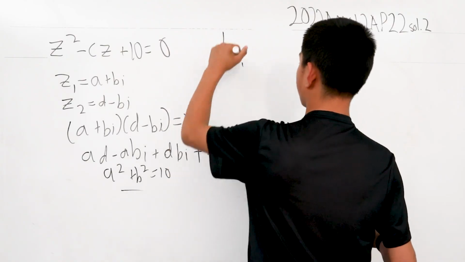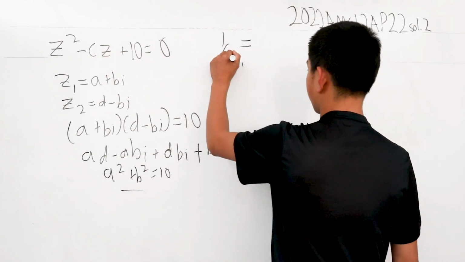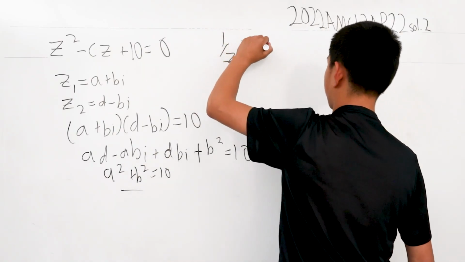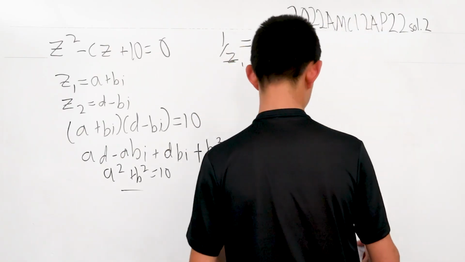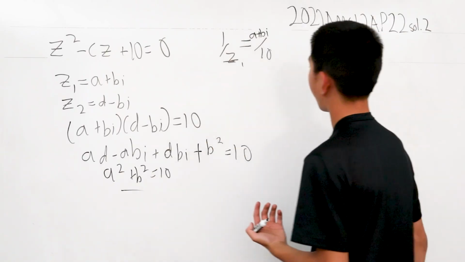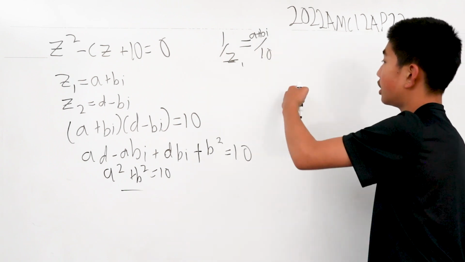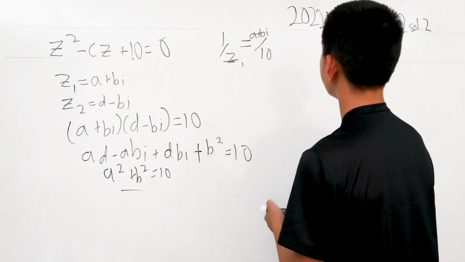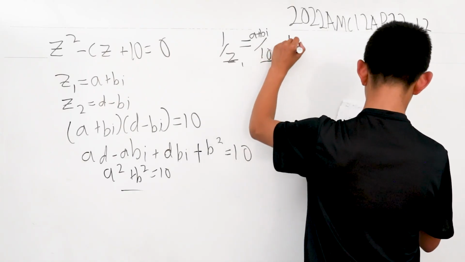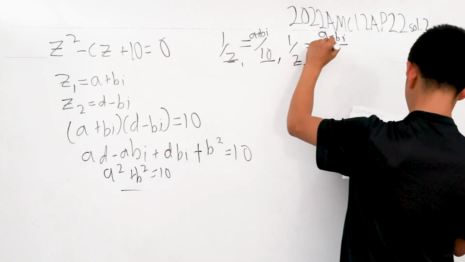That is going to be a minus bi over 10, because we have to multiply by the conjugate on both the top and the bottom to get it into this form. Now, we can do the same thing. 1 over z2 is equal to a plus bi, because it flips, over 10.